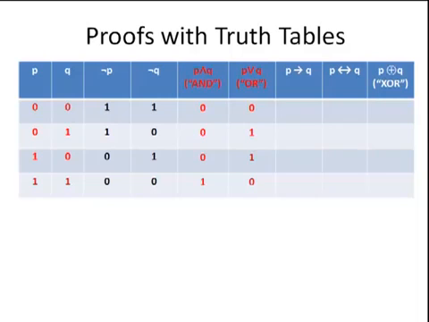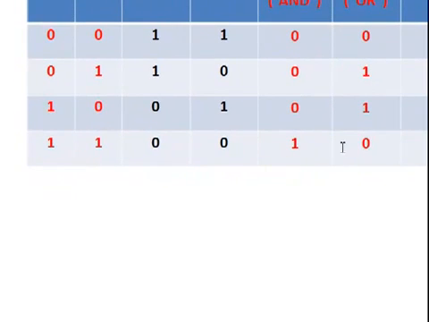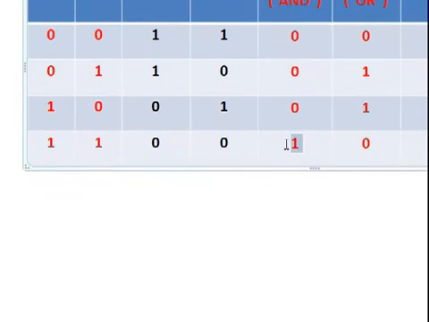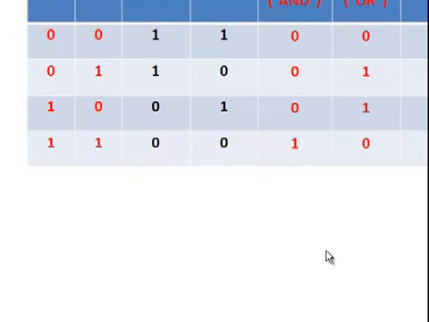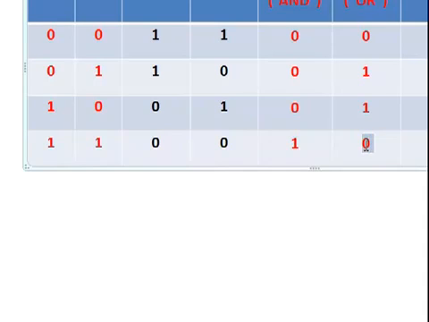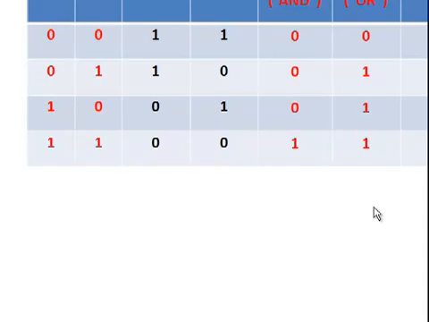In the second and third, only one of them is 1, only one of them is true. So in that case, we'll have a 0 also. Both p and q have to be true for this to be 1. It's not so.